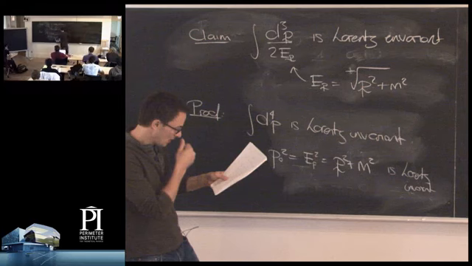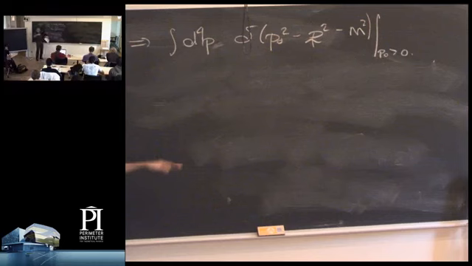In particular, there are 2 solutions to p0, one with a plus sign, one with a minus sign, but picking which solution we're on is also a Lorentz invariant statement. Yeah, sorry, you want a square on it. Thanks.